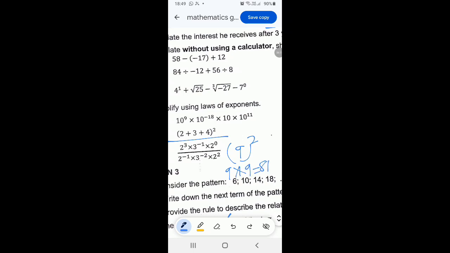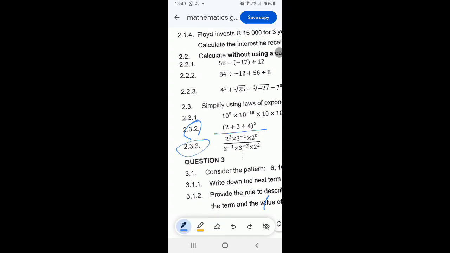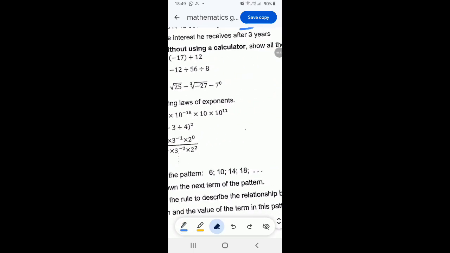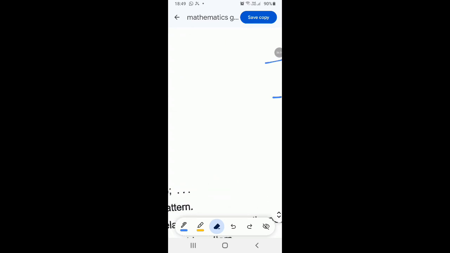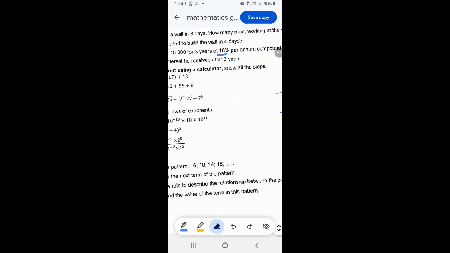That's our answer. 2.3.3. Okay, it's 3. Let me check the marks. Oh, it's only 2 marks. Okay.